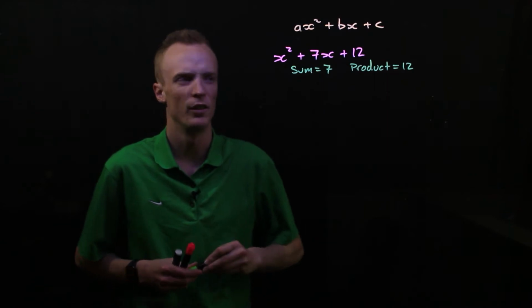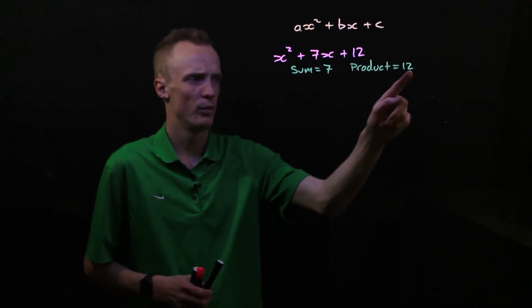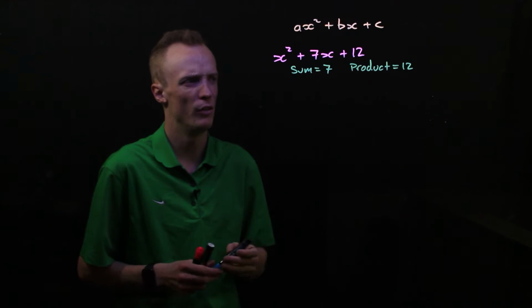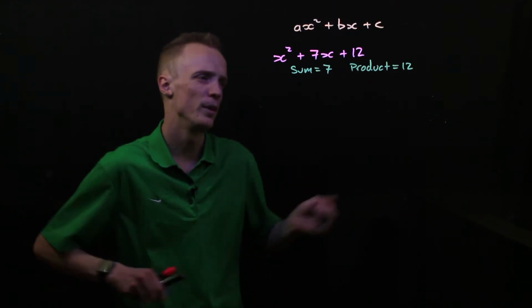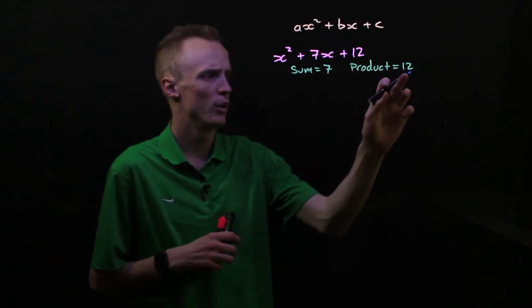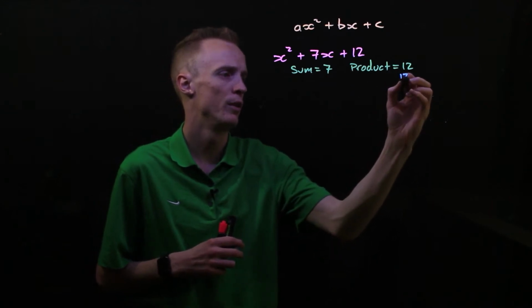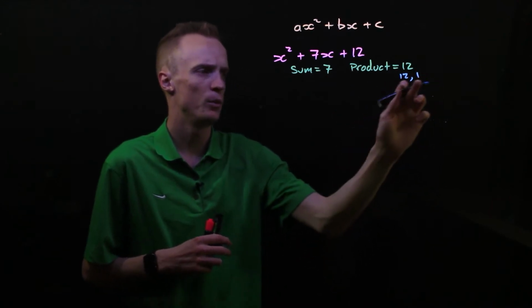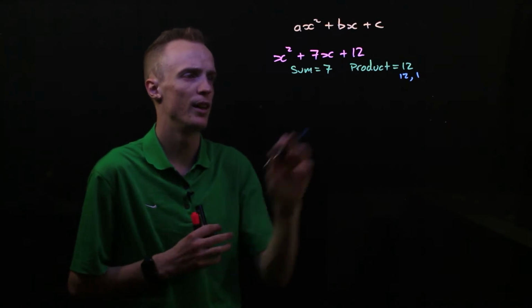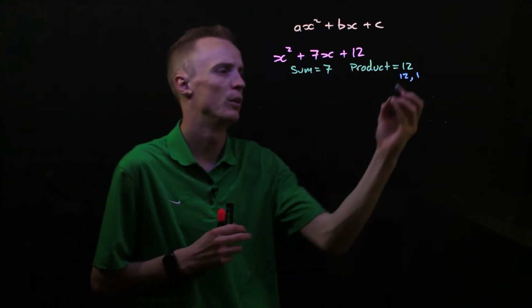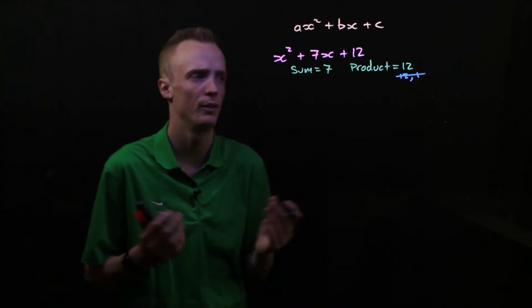Now, when I'm looking at this, I always start with this product value of 12, and I start thinking of factors of 12. So if we start listing them out, we've got 12 and 1. Now if we add 12 and 1 together, it'll equal 13, which is not the sum that we're looking for. So that's not the pair that we're after.